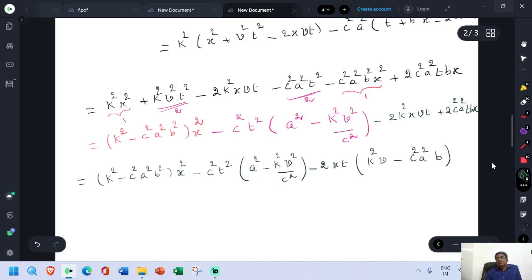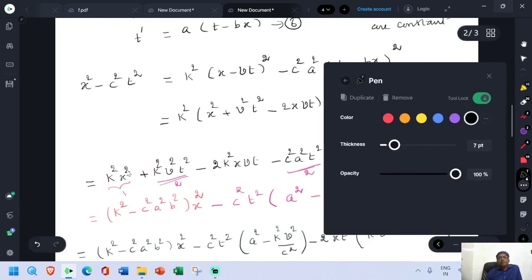This is the remaining term. Verify this. We have taken out minus 2xt k square v. Here 2 we have taken out, c square a square b, then t into x already comes out, so with a minus sign. Now think about our left hand side.